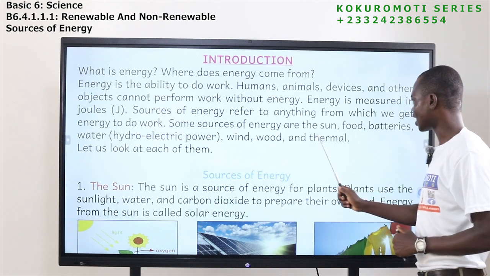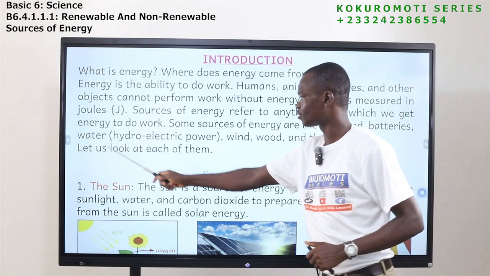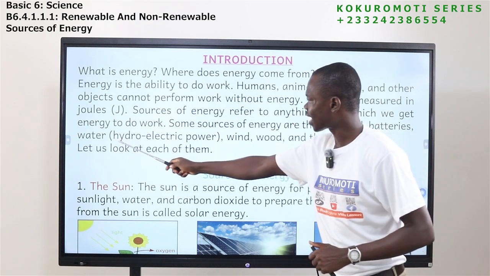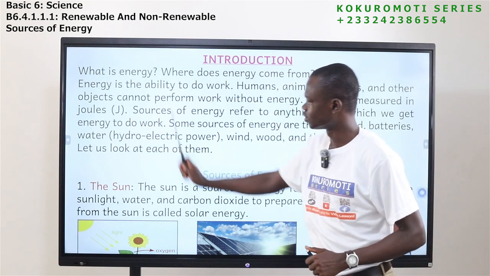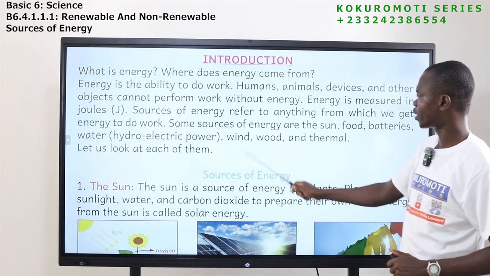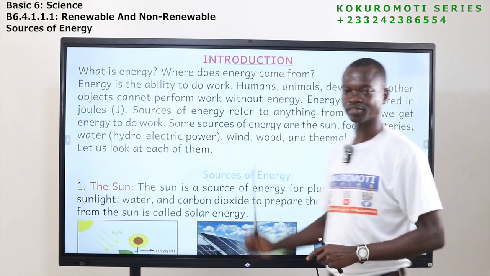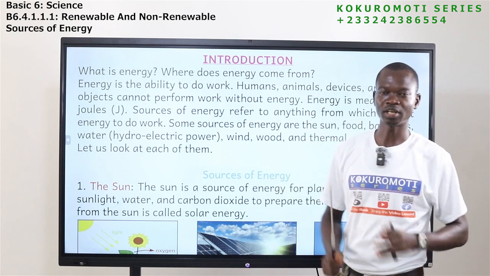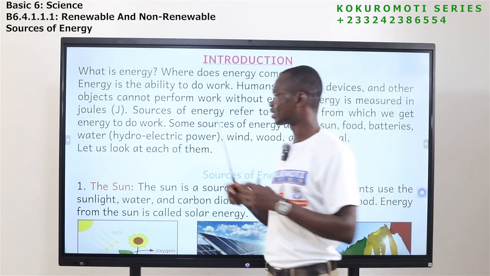Some sources of energy are the sun, food, batteries, water (in brackets, hydroelectric power), wind, wood, and thermal. So these are the sources of energy. Sources of energy, we are talking about where we get energy from, places we get energy from.